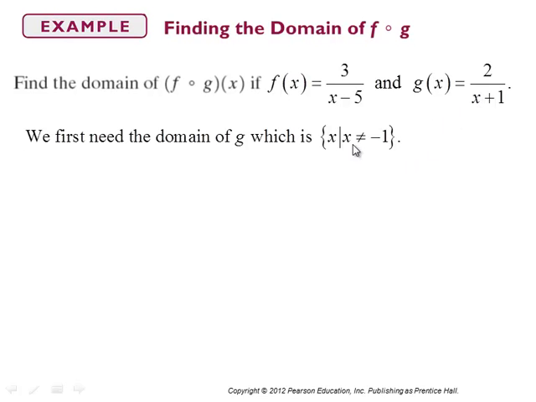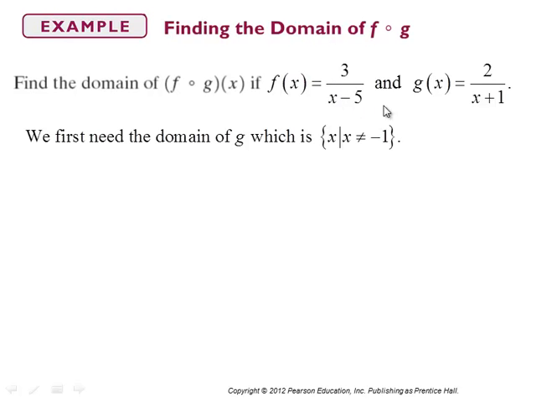So we will exclude -1 from the domain of g. Now, in f of g, the output of g is going to be the input of f. And where you see x in the f function, x cannot be equal to 5, because if it is, the function is undefined.